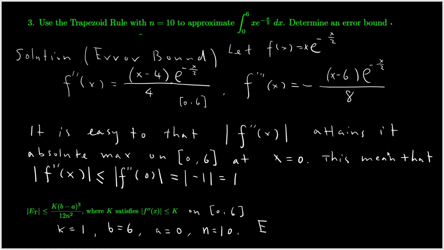So the error ET, the error for the trapezoidal rule, is less than or equal to the value of k, which is 1, times 6 minus 0 to the power of 3, and in the denominator you have 12 times n squared, where n value is 10.